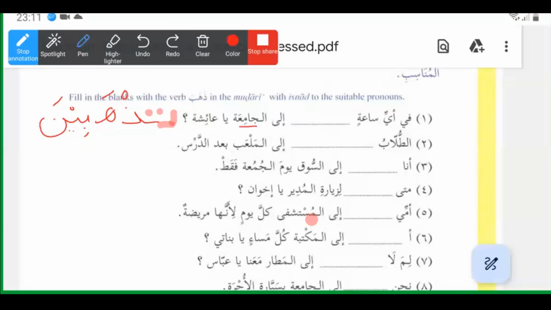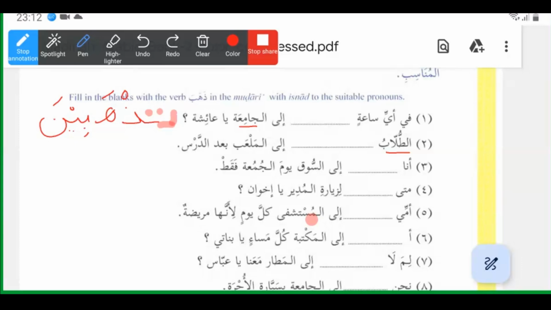Then الطلاب dash إلى الملعب بعد درس. Talib means one student, tullab means jama. If it is tullab, we are talking about the third person, and it is jama. Tullab is muzakkar, so it will not be yazhabu, which is for singular muzakkar; it will be yazhabuna. الطلاب يذهبون إلى الملعب.